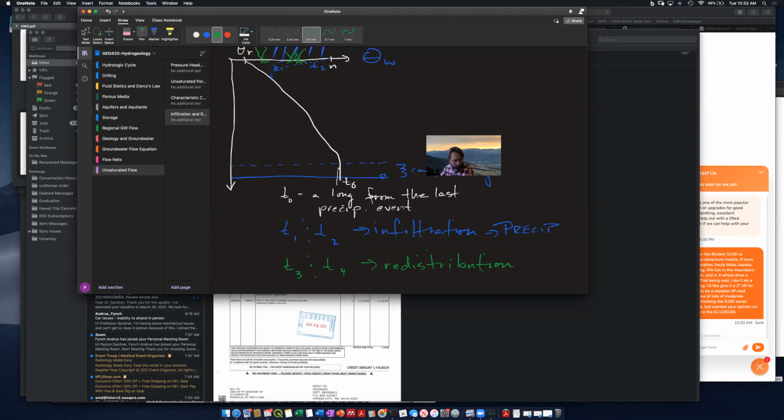During T3 and T4, this wet portion starts to drain, and we move our front of increased water saturation down.